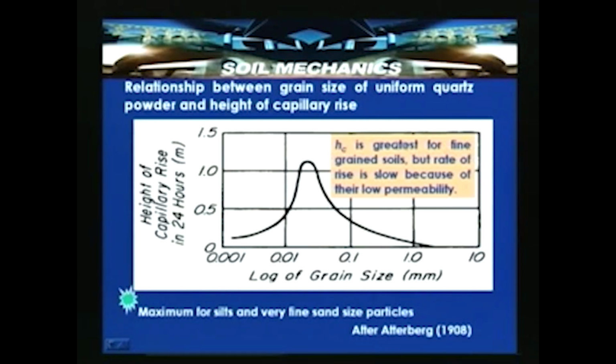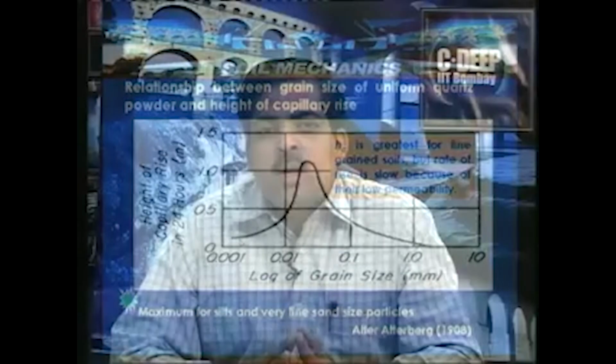HC is greatest for fine grained soils, but the rate of rise is very slow because of their low permeability. Theoretically this HC has to be very high for fine grained soils, but within 24 hours it could not exhibit a very high rise because of the low permeability of the soil, which we will be discussing in subsequent lectures.